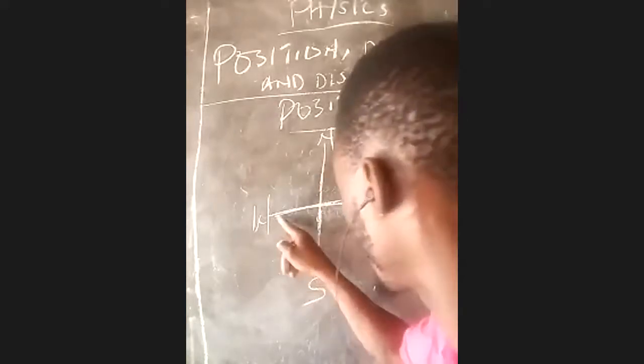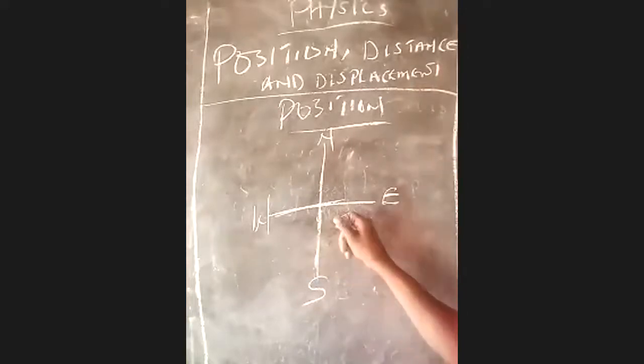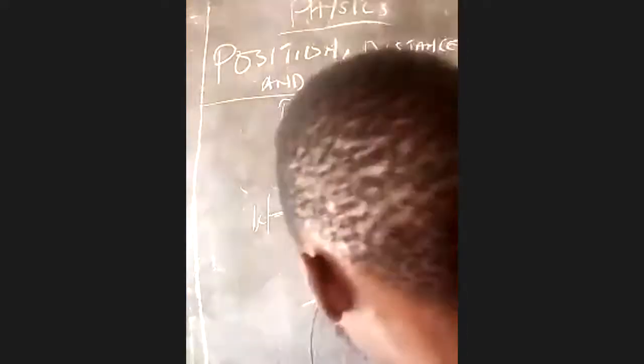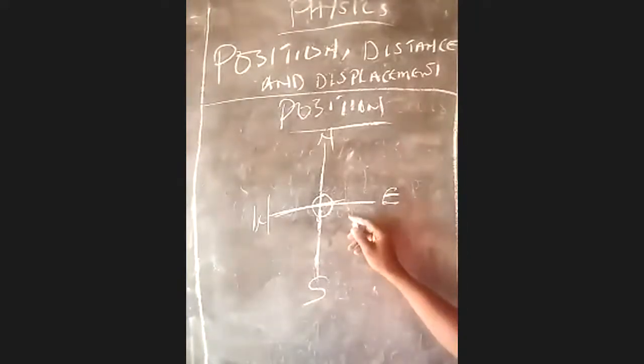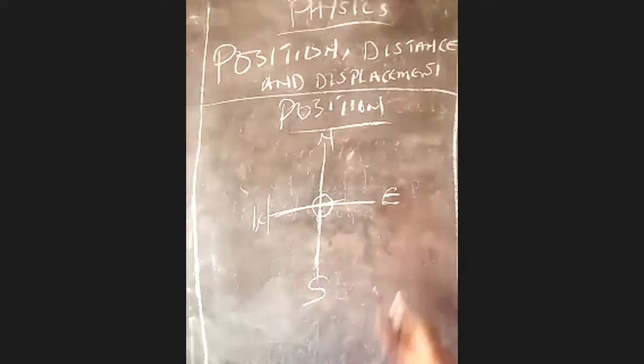We have drawn the first line, we have drawn the second line, and they are intersecting at point 0 and also perpendicular to each other.